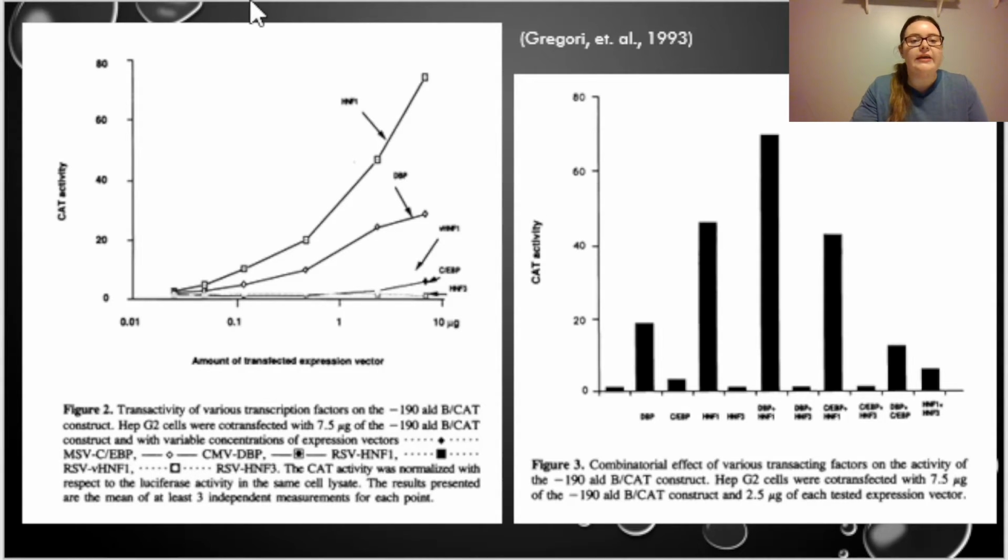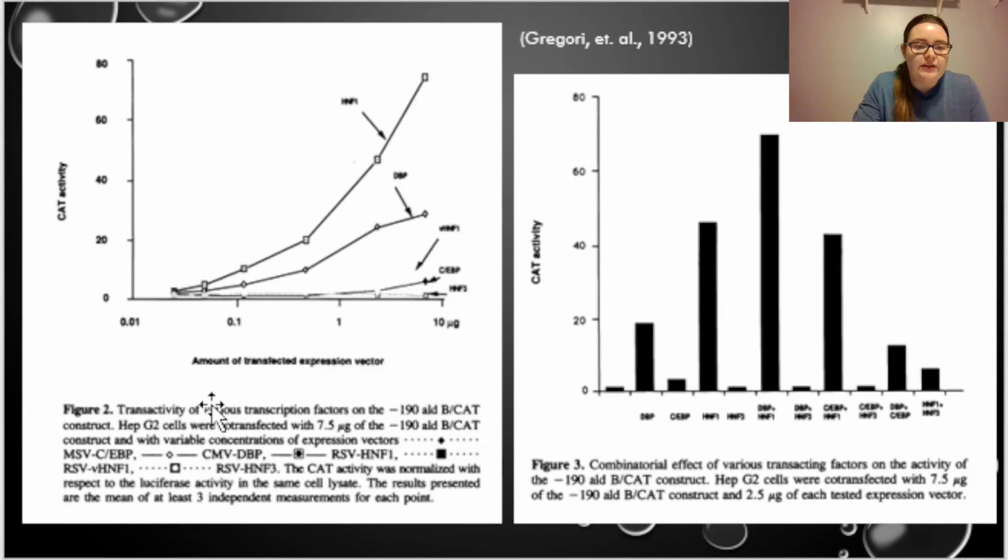So if we look here at these graphs, these studies looked specifically at aldolase B gene expression and how these specific transcription factors regulated it. Here on the y-axis, we have the catalytic activity on both of the graphs.